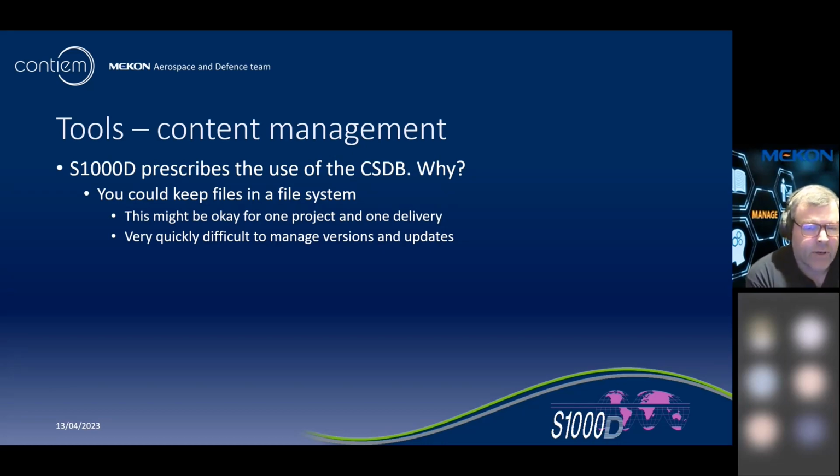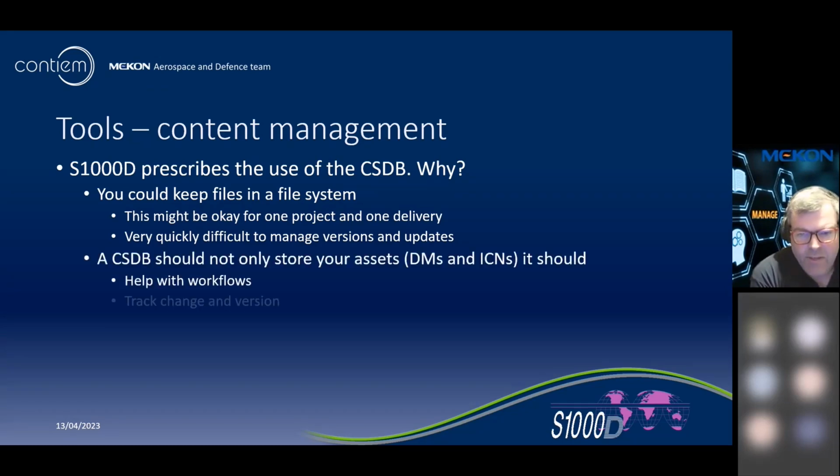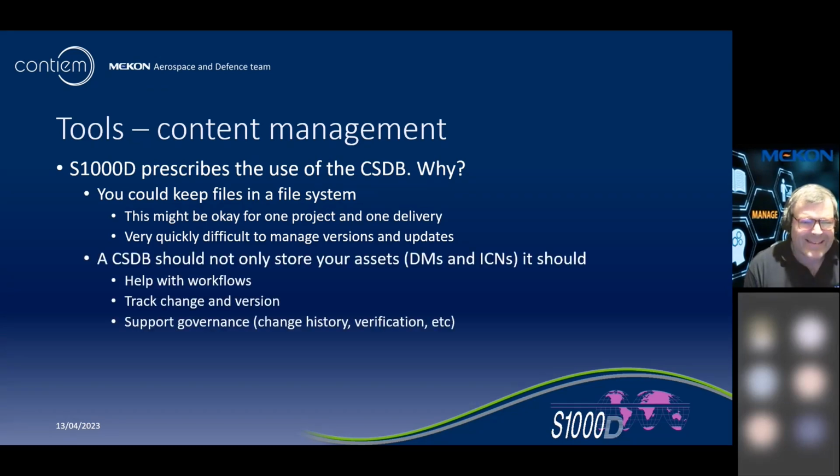Anything beyond that, when you start looking at multiple projects, multiple components across those projects, then really that's where the CSTB comes into its own. And as well as just being this bucket of data, it should help with your workflows, and it should do all that change tracking, and it should do all that governance support.